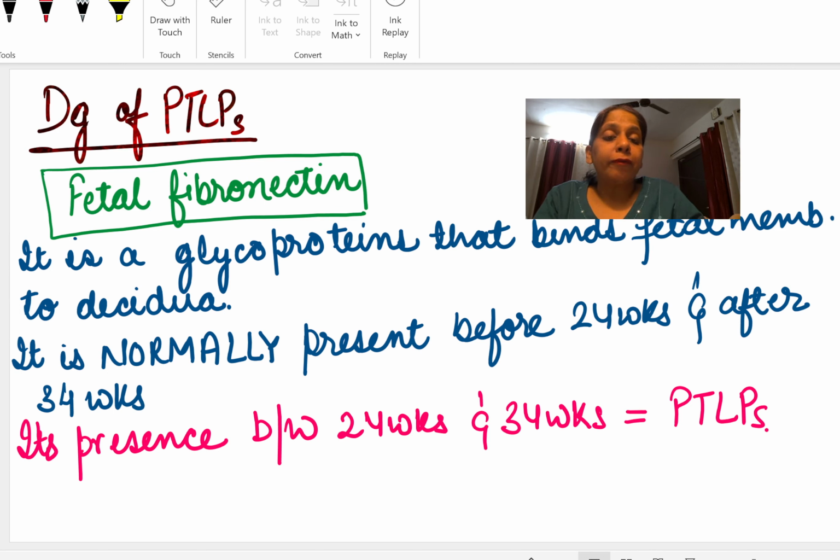If you want to learn it easily, remember that between 24 and 34 it is present in the cervicovaginal secretions, and absent before 24 and after 34. So before 24 weeks it is not diagnostic of preterm labor pain, and after 34 weeks it is again not diagnostic. Its presence between 24 and 34 weeks is diagnostic of preterm labor pains.